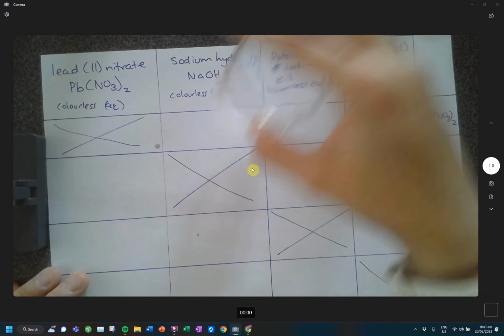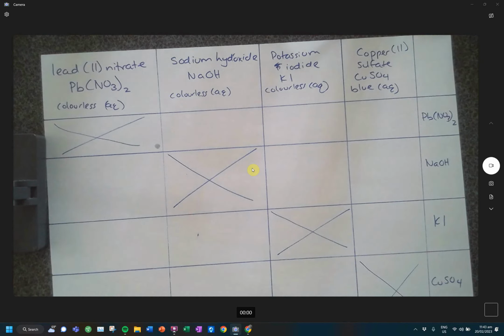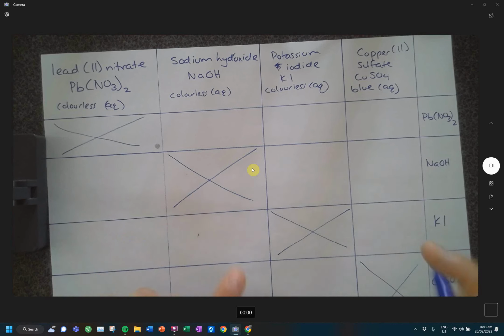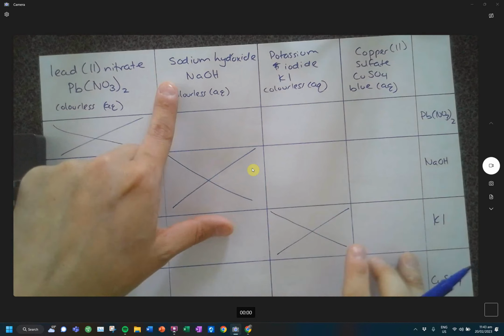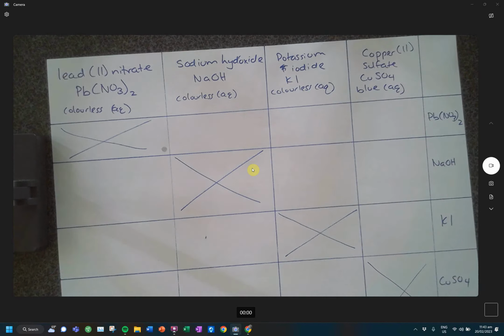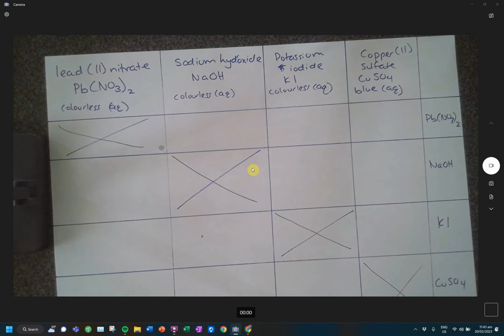It's kind of milky. So what I want you guys to do is to figure out what two potential ionic compounds there are, and then use the solubility rules to justify which one it is. So if I'm mixing the sodium hydroxide and the lead nitrate, what we're going to be doing is we're looking for the cations and the anions, and we're swapping them around. Do you guys remember what cations and anions are?